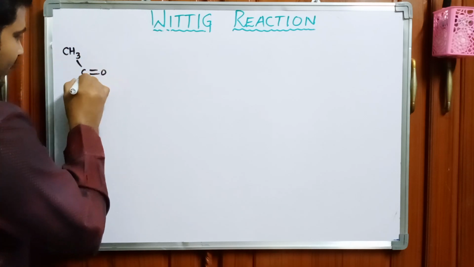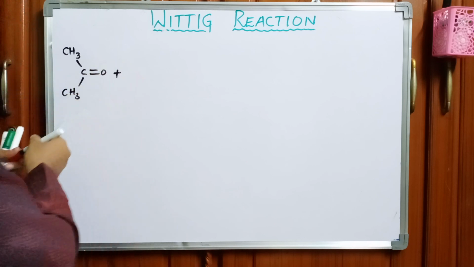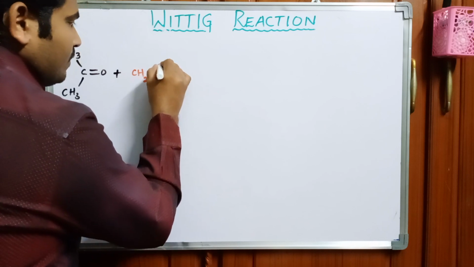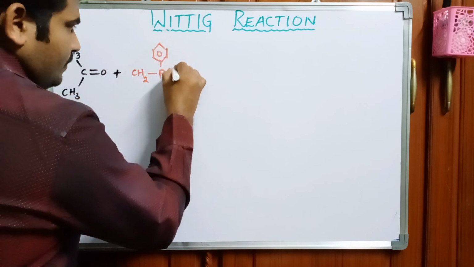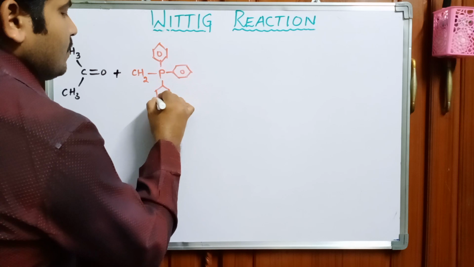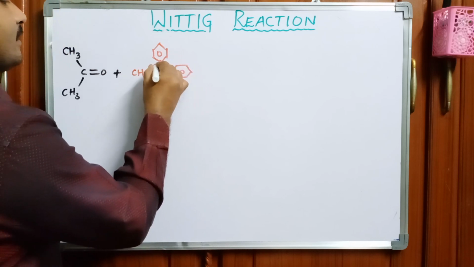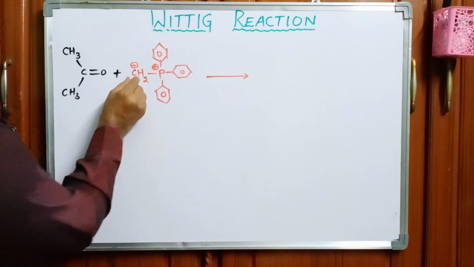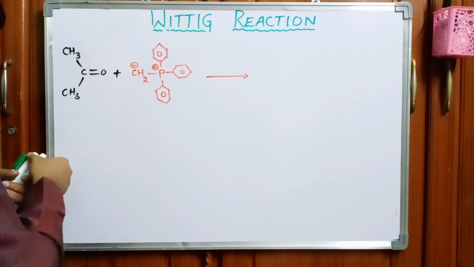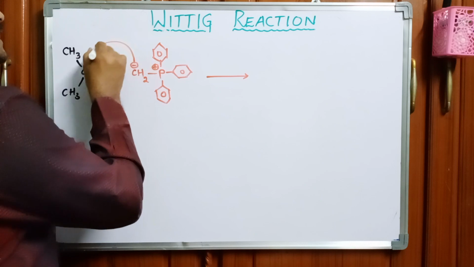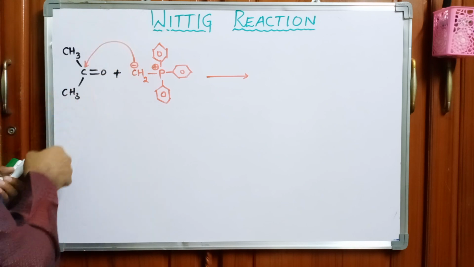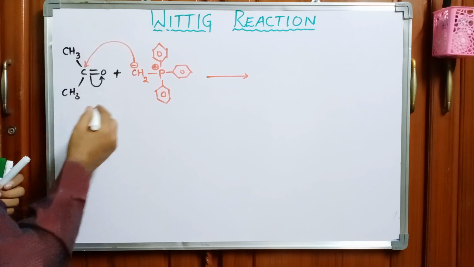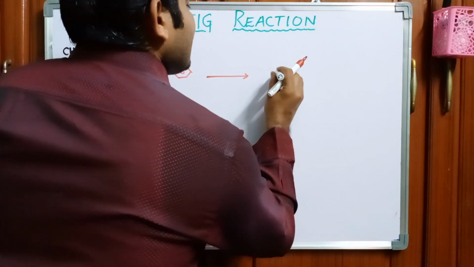A carbonyl compound reacts with triphenyl phosphonium ylide to yield the following: the nucleophilic carbon attacks the electrophilic carbon of the carbonyl compound, thereby the pi bonded electrons shift to oxygen. Yes or no? So now the product is CH3C.